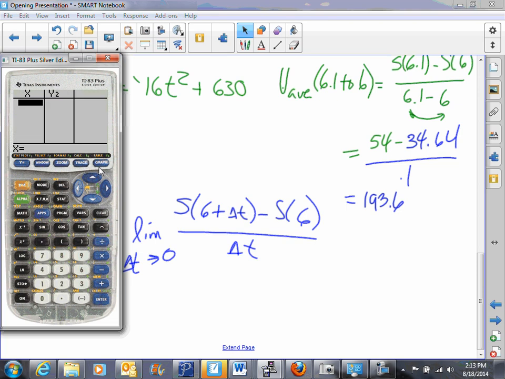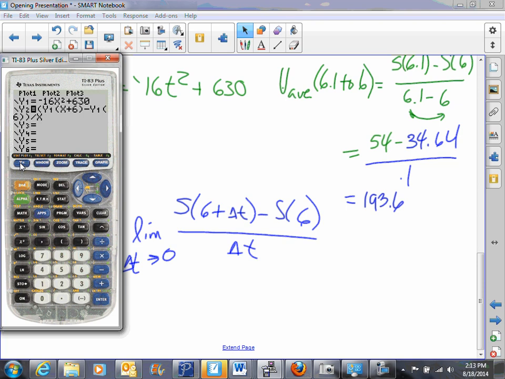Now, 0.1 is... let's see what happened. Oh, 2 decimal points. 0.1 is negative 193.6. Oh, hang on here.